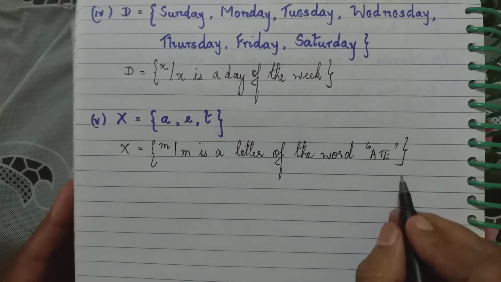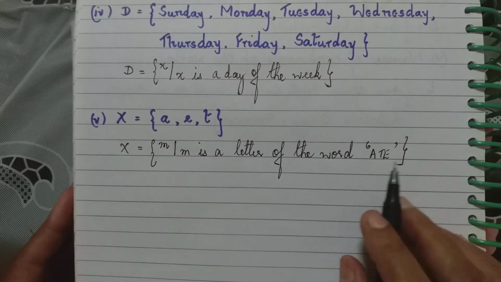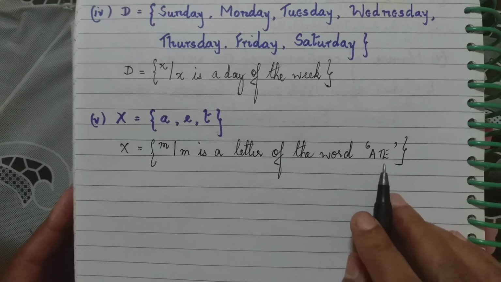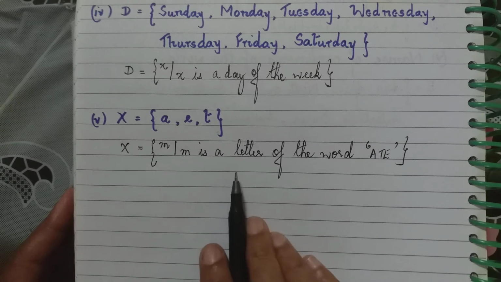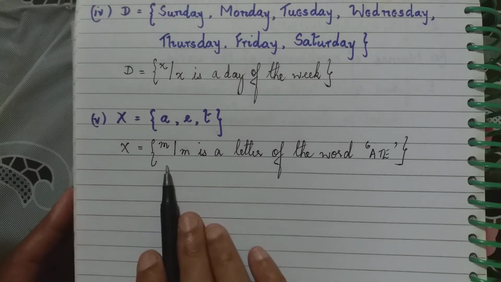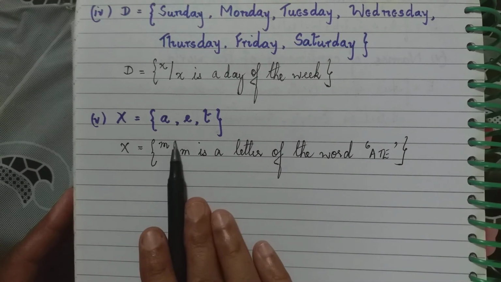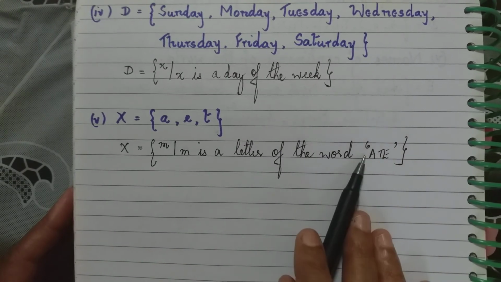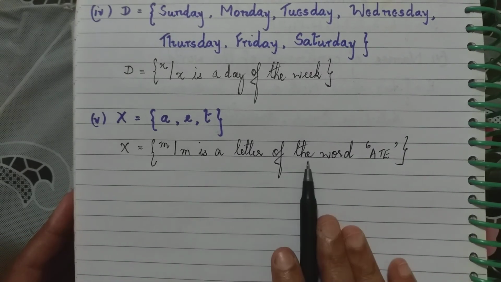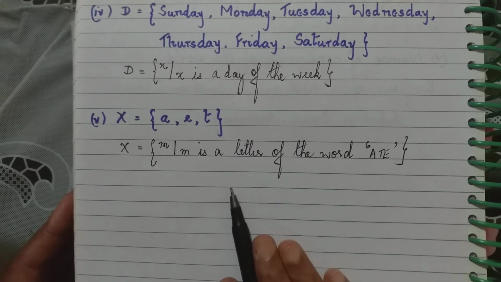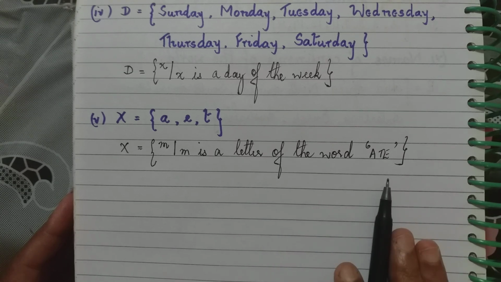Either I could write ATE, or I could write TEA, or I could write EAT. In all those cases, these are the same letters which exist. Therefore, whether I write X is a set of all M such that M is a letter of the word ATE, or the word TEA, or the word EAT, it still will be right. Okay, so this is the last question of practice set 1.1.